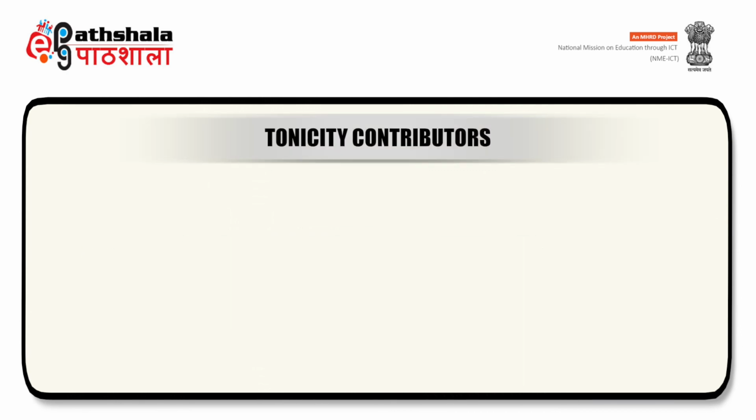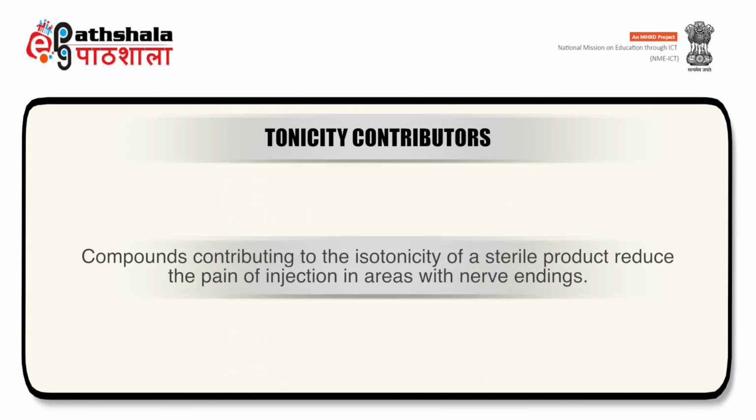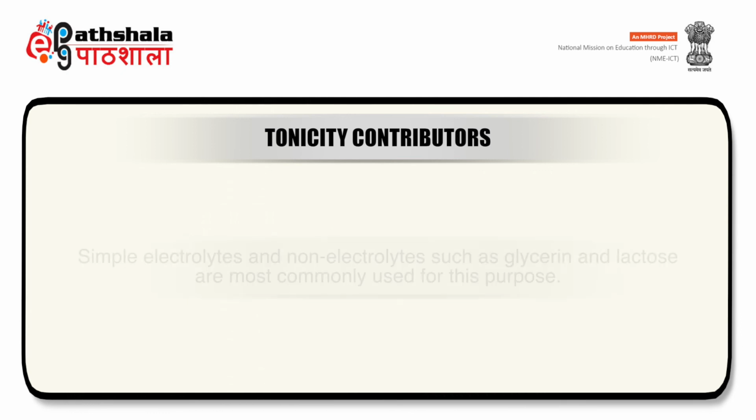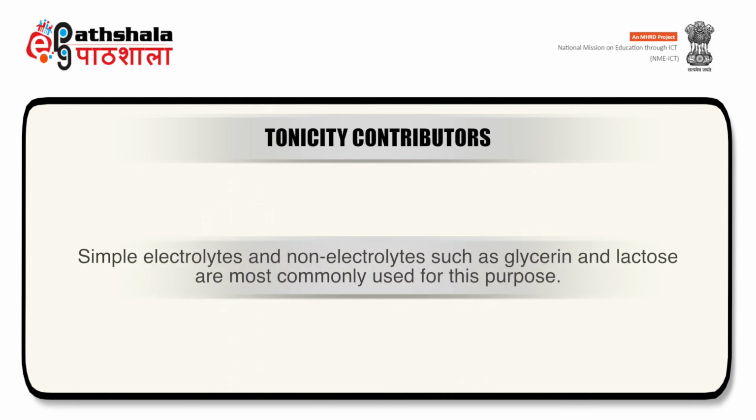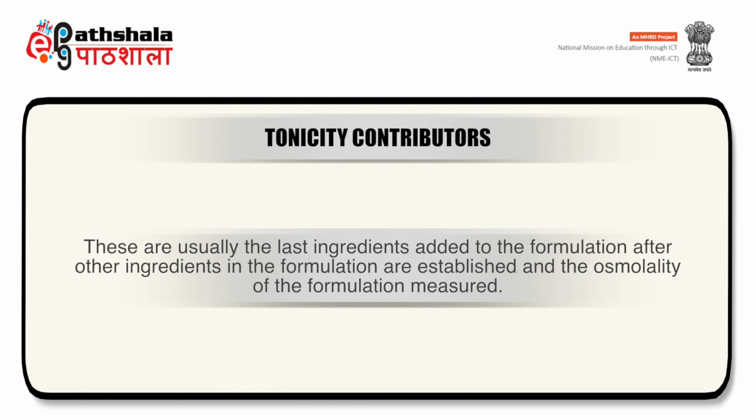Now tonicity contributors. Compounds contributing to the isotonicity of a sterile product reduce pain of injection in areas with nerve endings. Simple electrolytes and non-electrolytes like glycerin and lactose are most commonly used for this purpose. These are usually the last ingredients added to the formulation after other ingredients in the formulation are established and osmolality of the formulation has been measured.